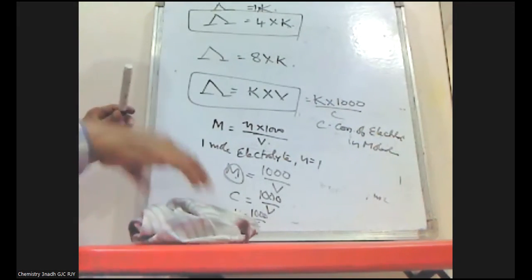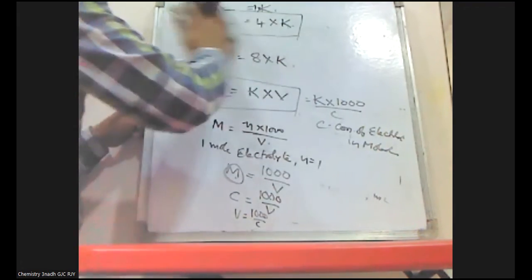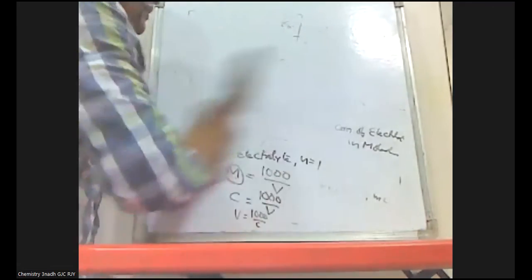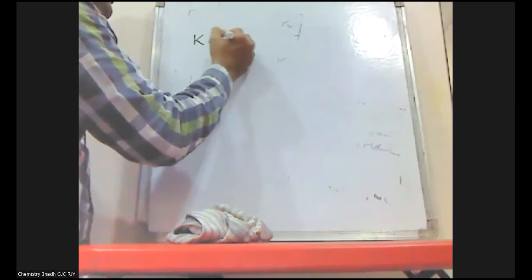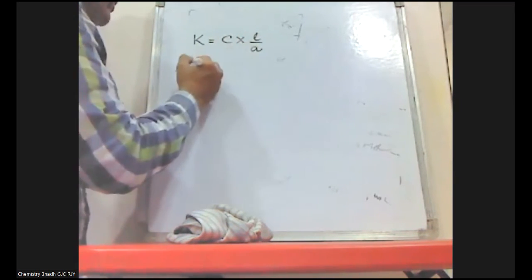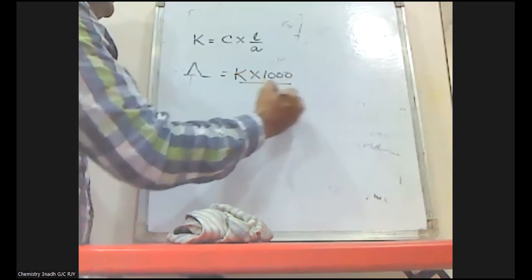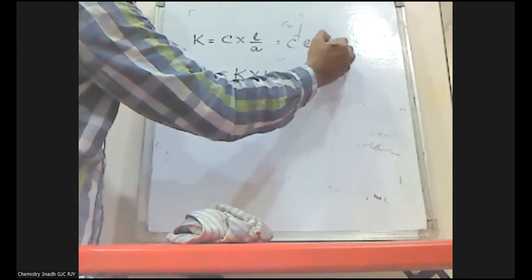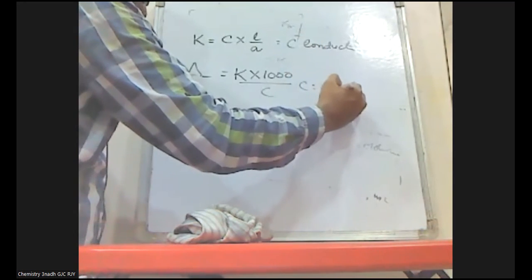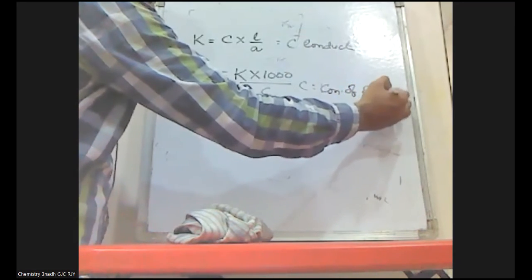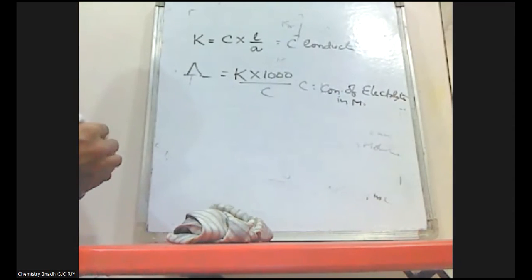So now this is the relation between molar conductance and specific conductance. We know that the formula for specific conductance is equal to C into L by A, whereas molar conductance is equal to kappa into 1000 by C. Here C is the concentration of electrolyte in molarity.